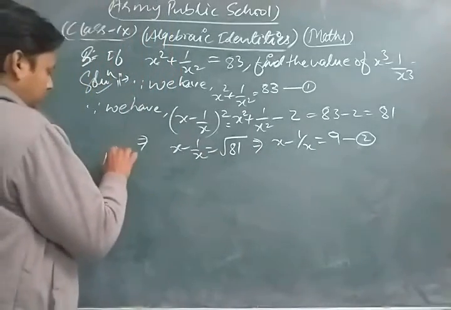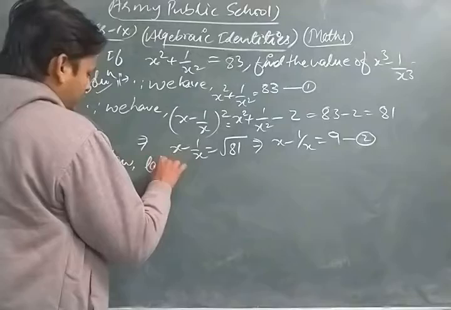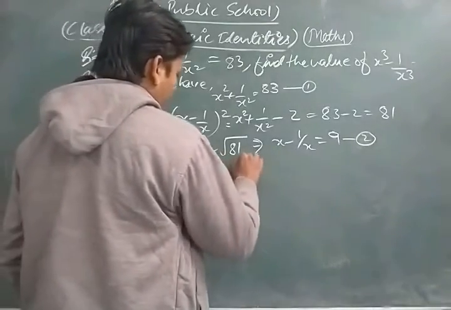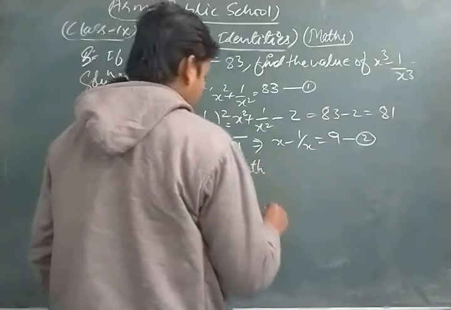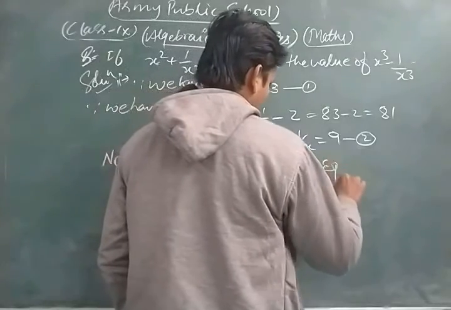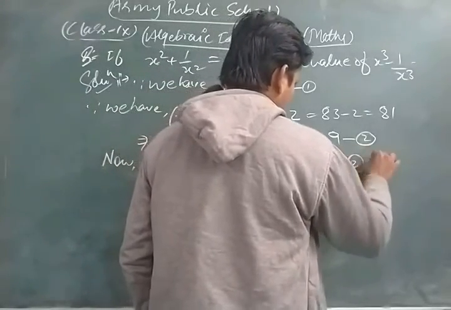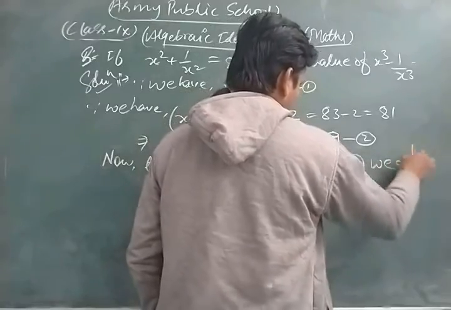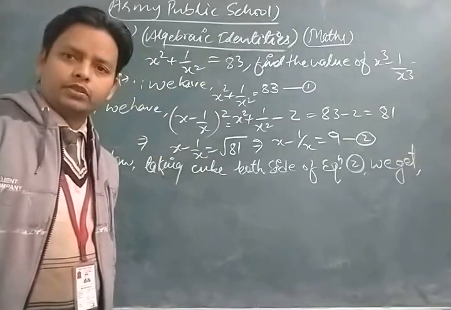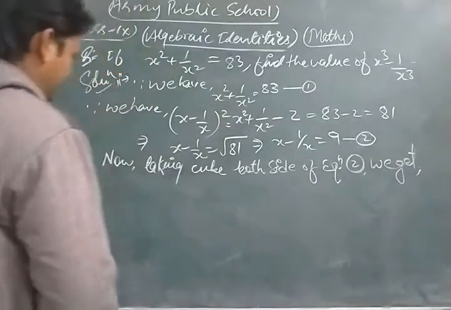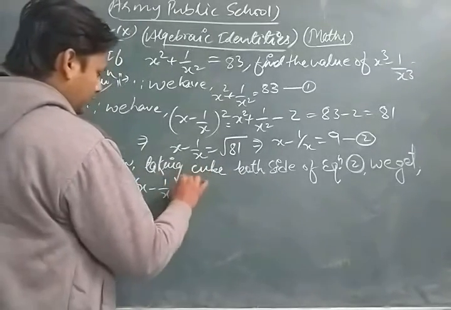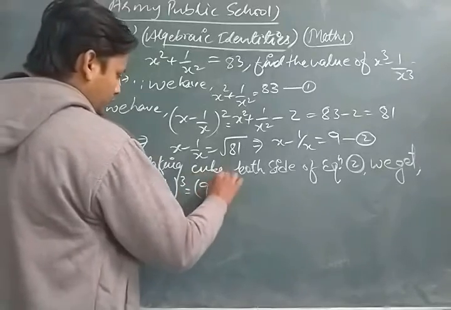Taking cube on both sides of equation 2, we get x minus 1 upon x whole cube is equal to 9 cube.